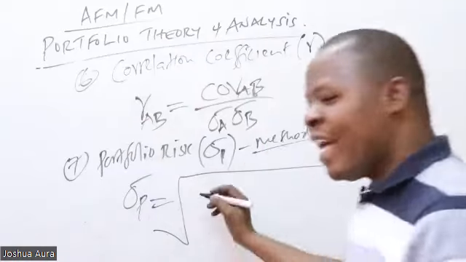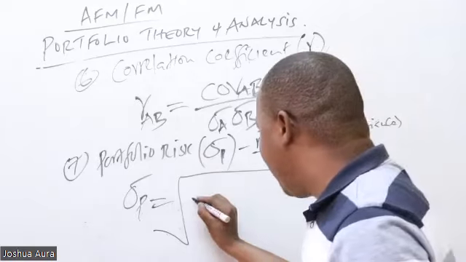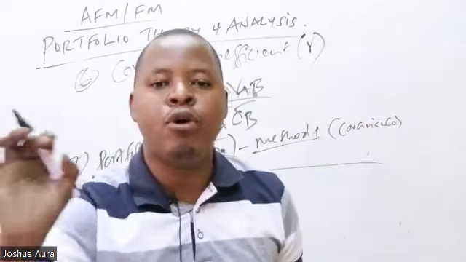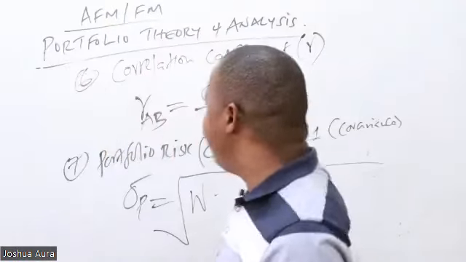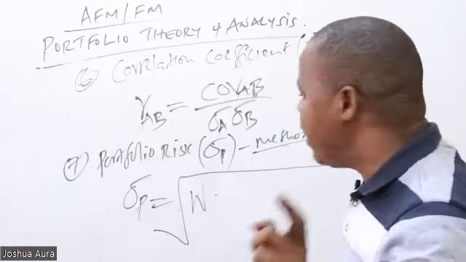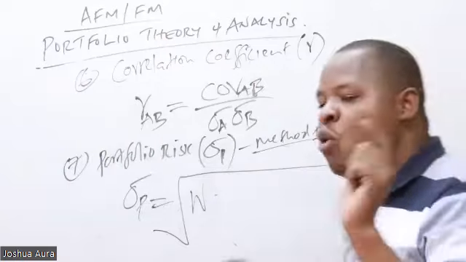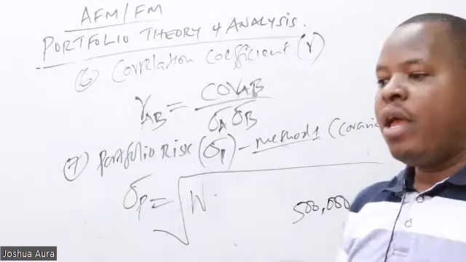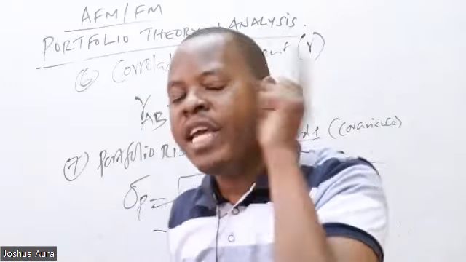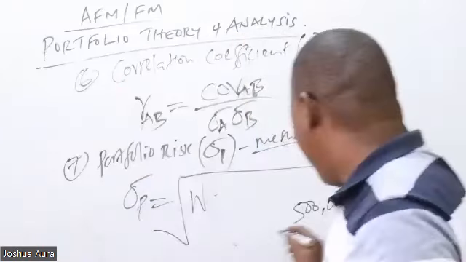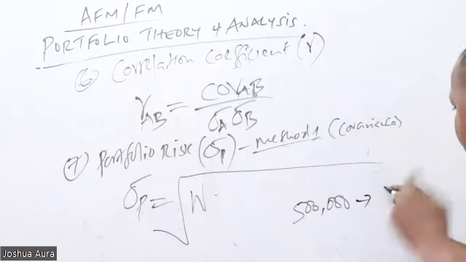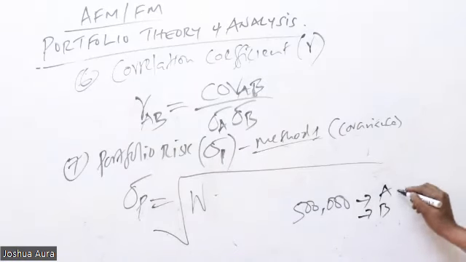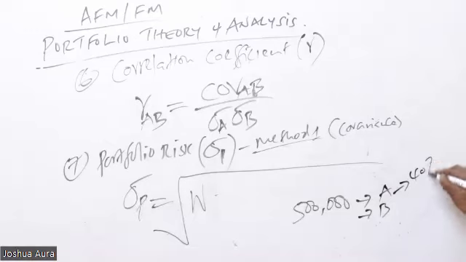Now, come here and start with weight. Weight is the proportion of the security. For example, let me give you an example. When you have like 500,000, guys, you want to invest in security A and security B. Here, you want to invest 40%.